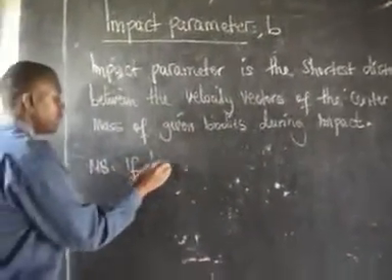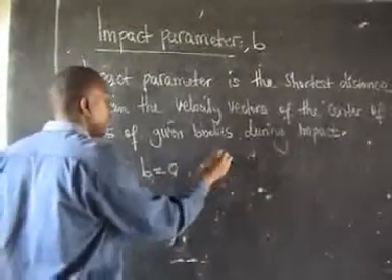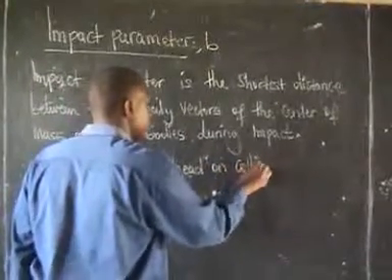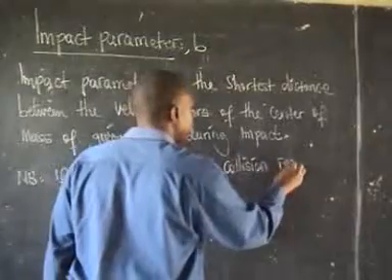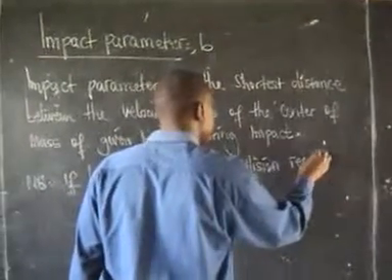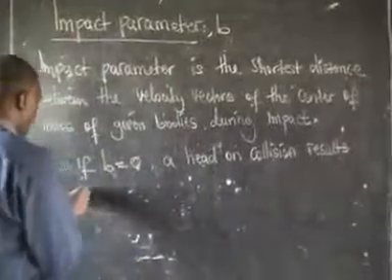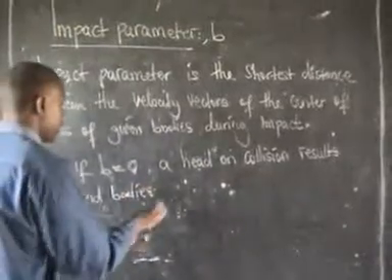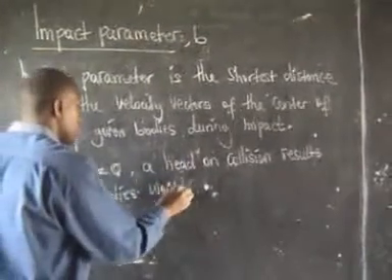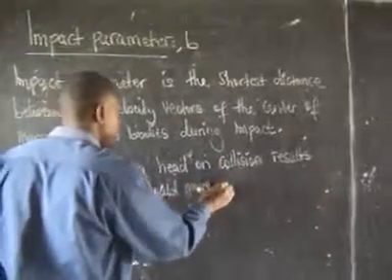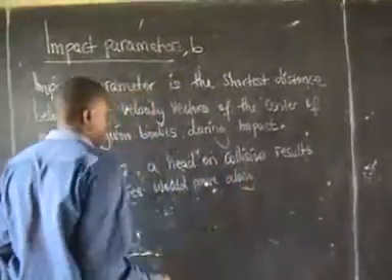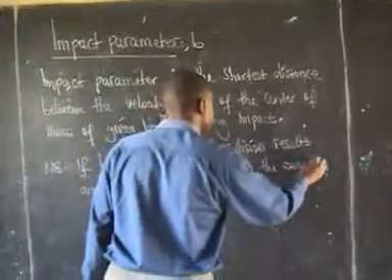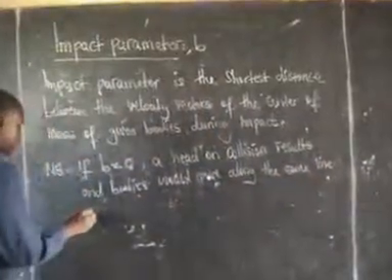If B is equal to 0, a head-on collision results and the bodies would move along the same line after impact.